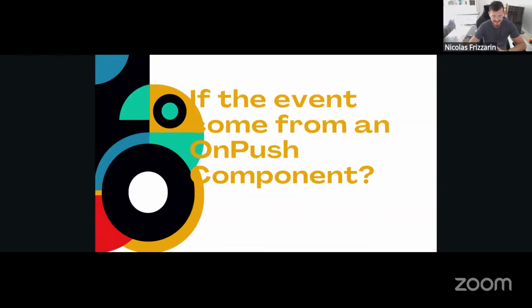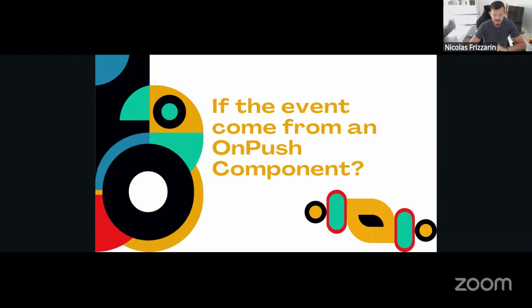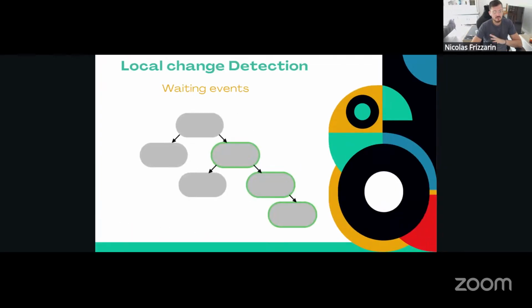Now imagine the event comes from an OnPush component. Let's analyze the whole process again, but this time the user clicks on the last component on the right, so this one. Here, the criterion of an event handler being raised is respected.